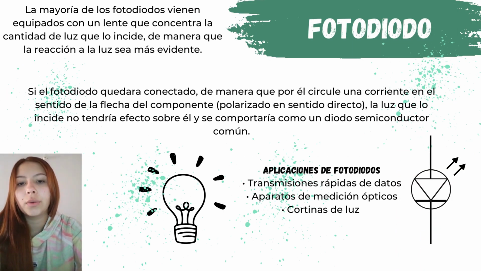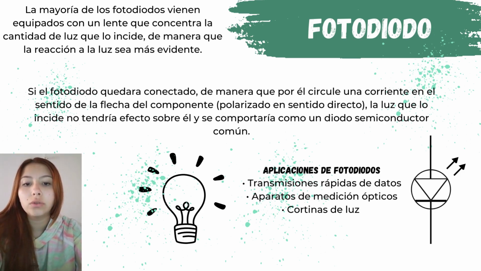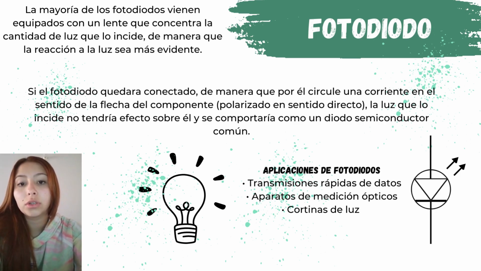Most photodiodes are equipped with a lens that concentrates the amount of light that falls on it, so that the reaction to light is more evident. If the photodiode is connected so that a current flows through it in the direction of the arrow of the component, the light that falls on it will have no effect and it will behave like a common semiconductor diode.